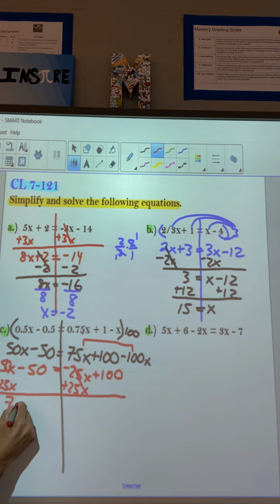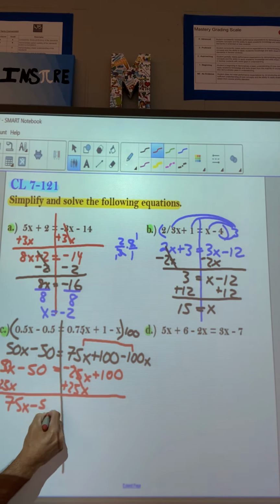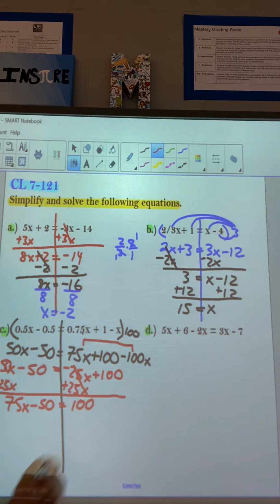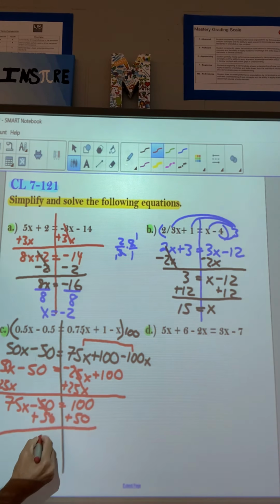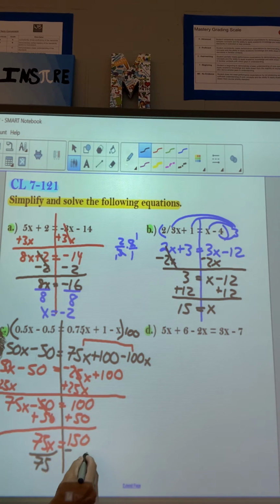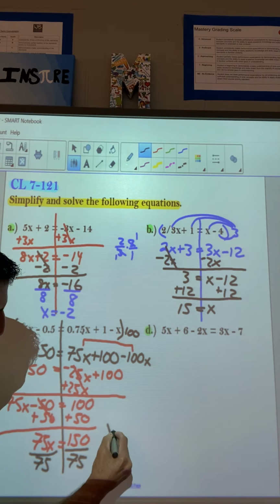So I have 75x's minus 50 equals 100. Let's move the minus 50 over. Add 50. 75x equals 150. And then, as you know, divide by 75. So x equals 2.